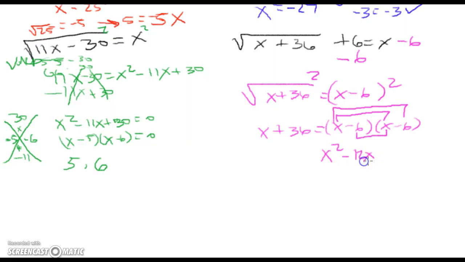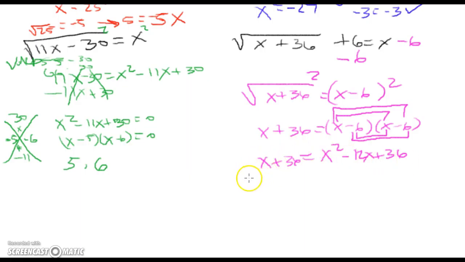Minus 12x. Again, minus 6, minus 6, minus 12. I'm just adding those two terms together from the beginning. And then negative 6 times negative 6 is a positive 36. So in this particular scenario, we've got x plus 36 equals x squared minus 12x plus 36.